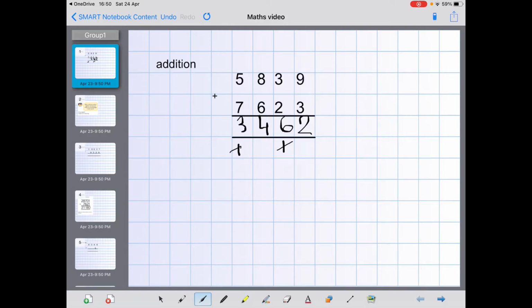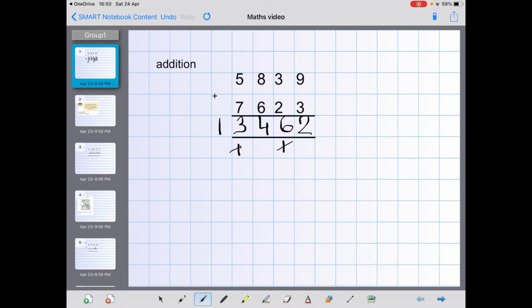Our 3 goes down and our 1 in the next column. Because we have nothing else to add here, we just pop it straight into the column rather than carrying it. So that is how we would solve a simple addition calculation question.